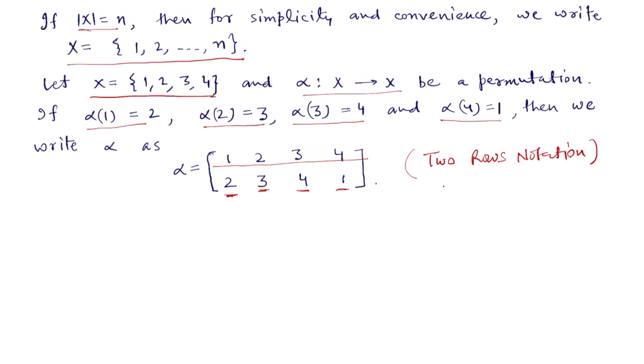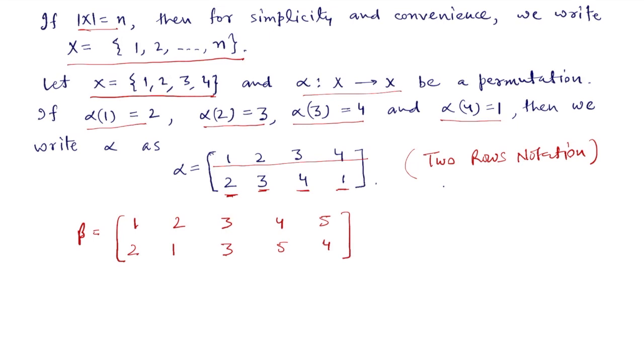So if beta is this permutation, first row is 1, 2, 3, 4, 5, and second row is 2, 1, 3, 5, 4.